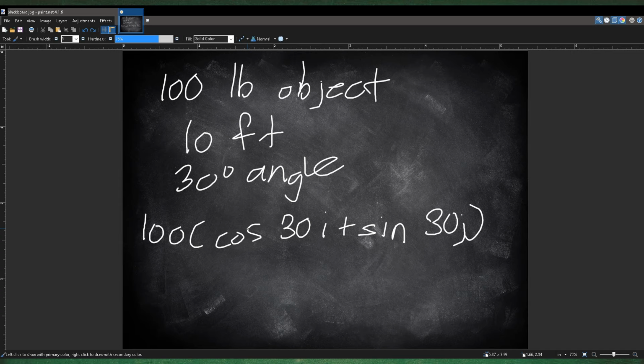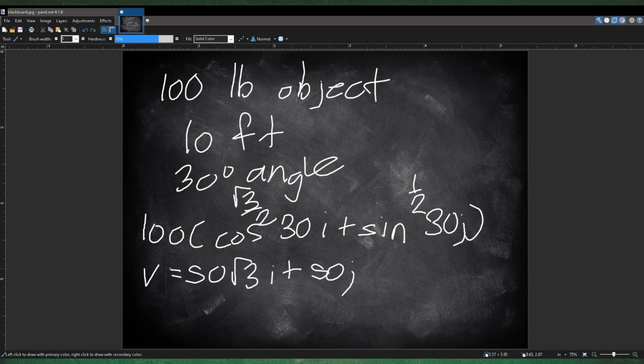So for the force, cosine of 30 is square root of 3 over 2, and sine of 30 is 1/2. This simplifies to 50 square root 3 i plus 50j. That's our force vector. I'll just write it as F so it'll be easier to understand.